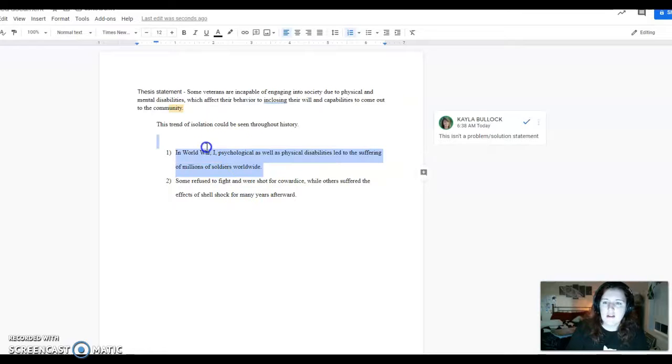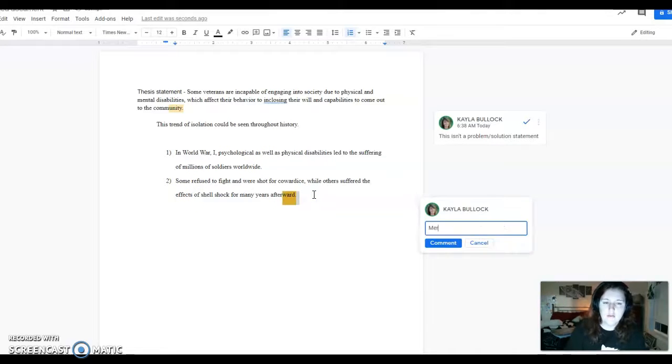It says, psychological as well as physical disabilities led to the suffering of millions of soldiers worldwide. The next claim says, some refused to fight and were shot for cowardice, while others suffered the effects of shell shock many years afterwards. You can see that this is further elaborating on the previous claim. So I'm going to put a note here: merge with the previous paragraph.